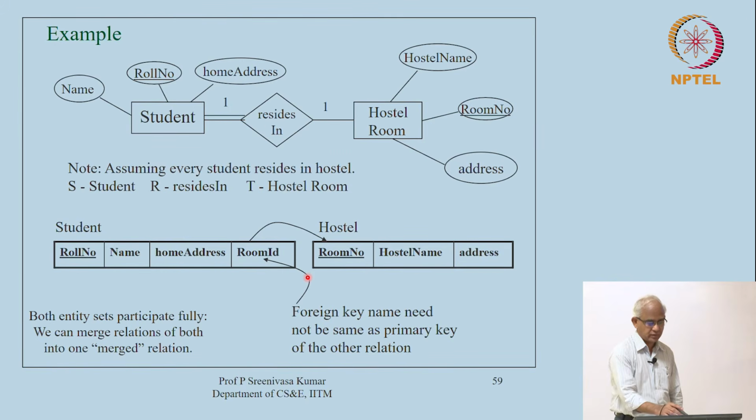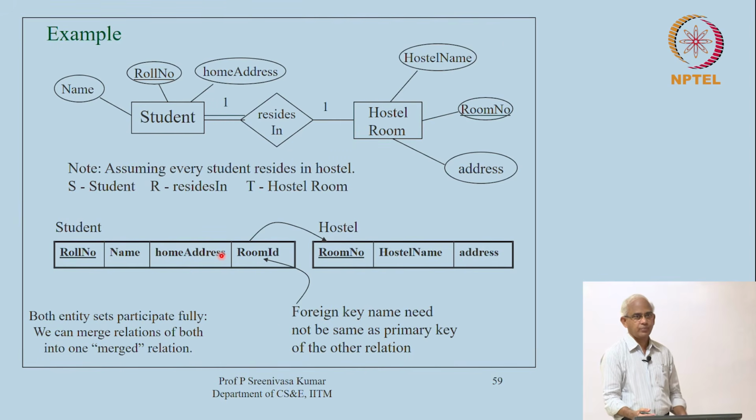If it is a one-to-one and both entities participate fully, which is an important thing, that means every hostel room participates here, saying that it is assigned to some student, and no room is vacant. In that case, we can basically merge these two relations and get one broad, merged relation.